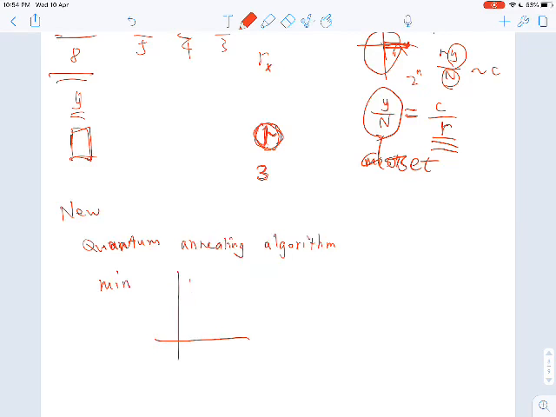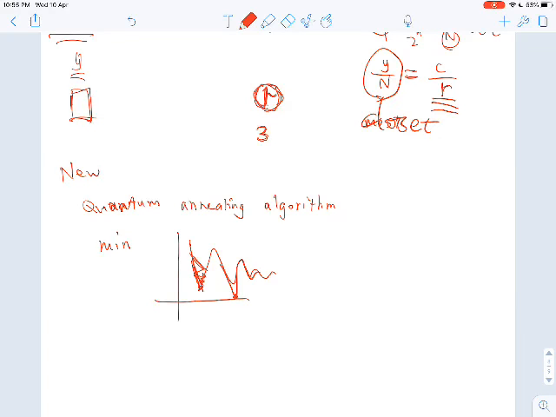And if the function is like this, it's hard to get out of this, to get the better minimum, right? Like gradient descent, we just get stuck here. We're just stuck here and can't go to here to get a better local minimum.